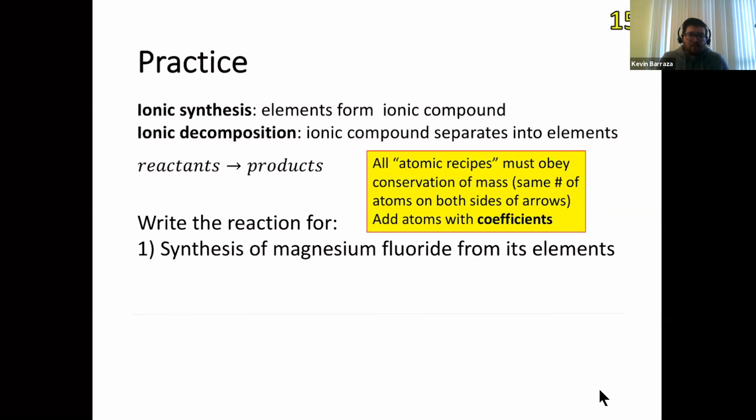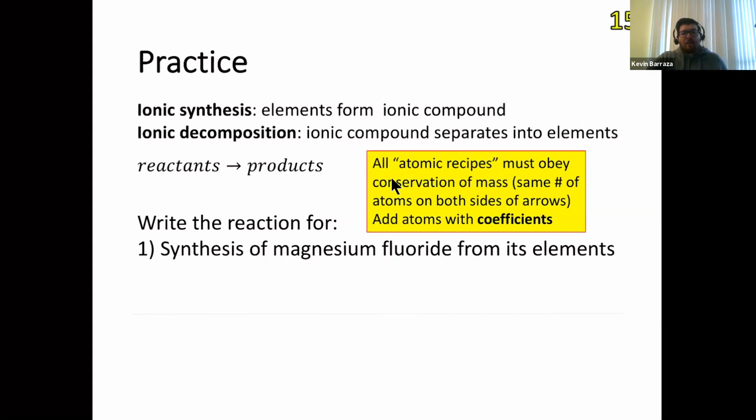So synthesis means we're making the compound from the elements, putting them together. The opposite is decomposition, where ionic compounds separate back into their elements. It's going to be ingredients or reactants on one side, products on the other side.